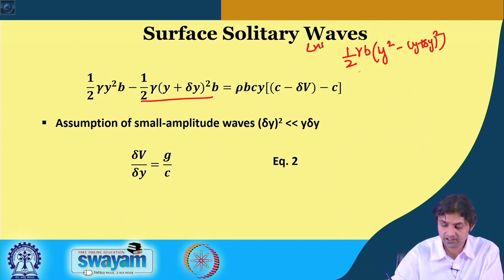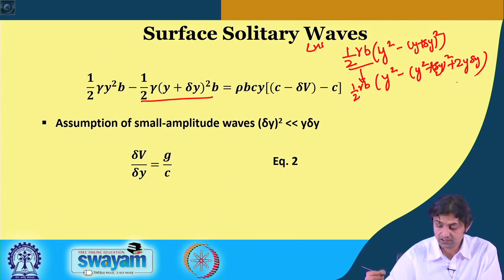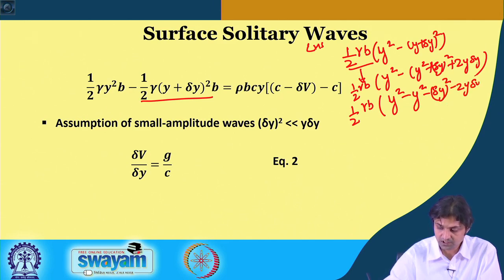This will be y square minus y square plus delta y square plus 2 y delta y, so half gamma b times y square minus y square minus delta y square minus 2 y delta y.